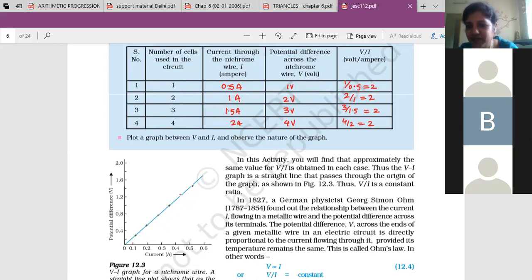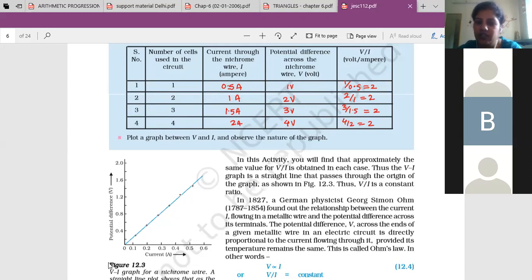It's a linear graph. Linear graph means the linear equation in two variables, x and y, are proportional. Linear graph, that means x and y are directly proportional. So this shows that V and I vary directly.